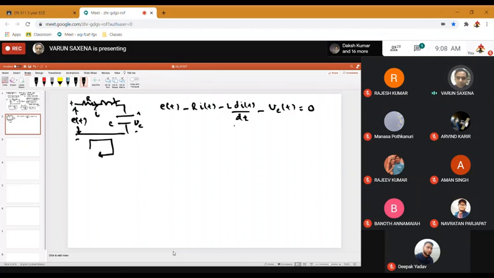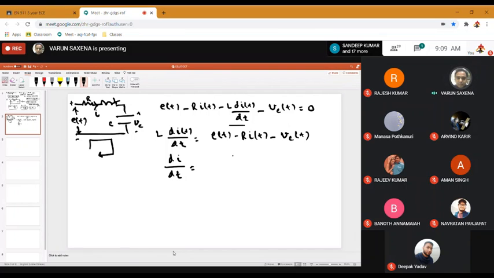So I take this term on one side, so I write di/dt is going to be given as E(t) minus R i(t) minus Vc(t), and then you will have an L here. Now I'm dropping the subscript t, so I'm just writing di/dt.